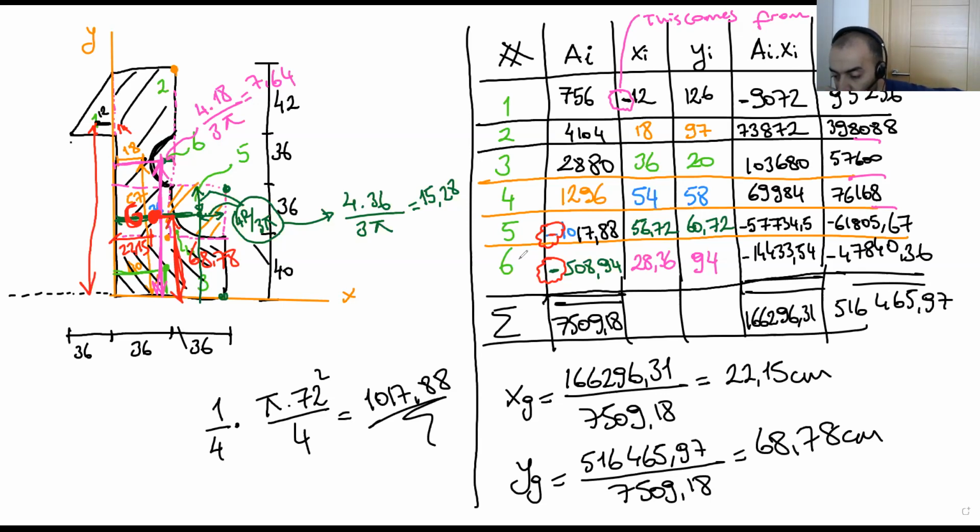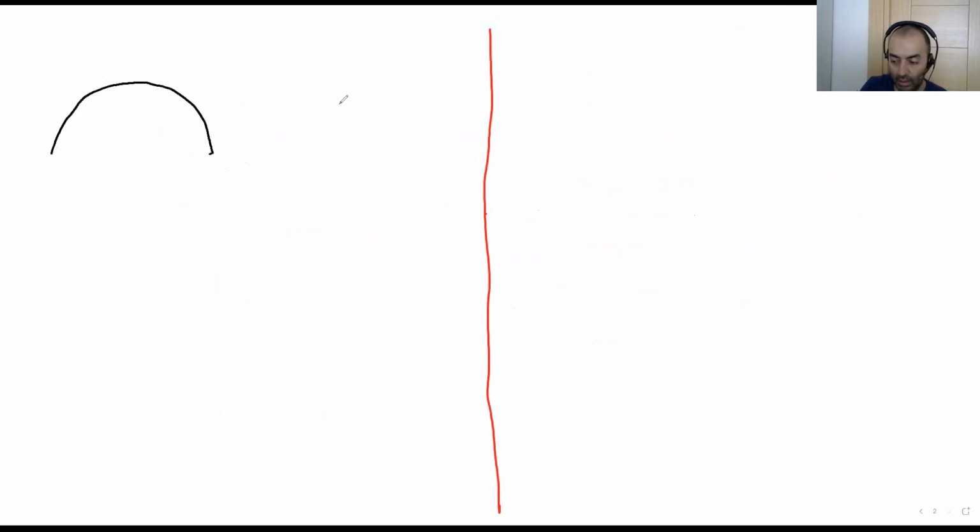Okay, let's do an example for a wire. Let me do one more example. The shape is like a half circle line, like this, and there's a lateral part.